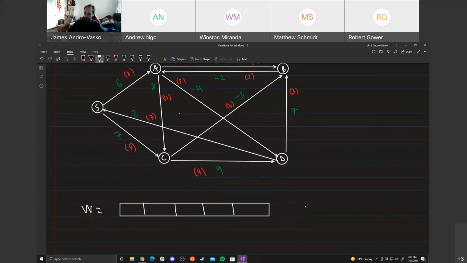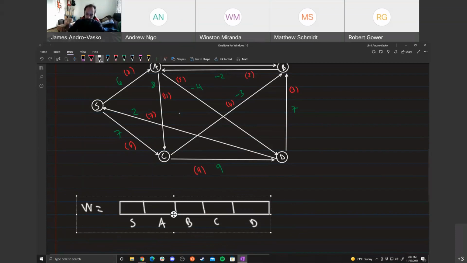Initially, actually I should put S, A, B, C, and D. Now I'm going to copy this. Initially, all these are going to be, except for S, infinity, which means we have no shortest path so far. We don't know it yet.